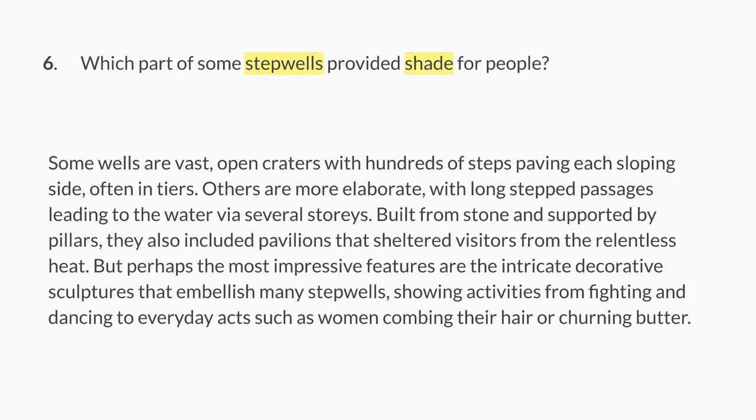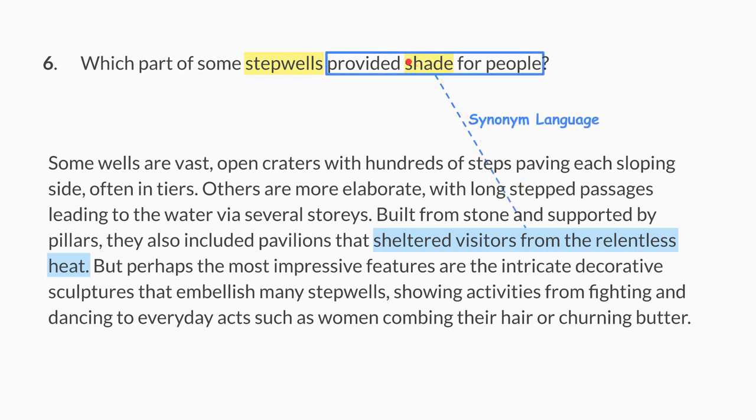You're going to probably find some place where you can shelter yourself from the heat. In other words, you're going to find shade. So it seems that that is our keyword. So right over here, we have synonym language for shade. Shade for people. And here the synonym language says that the pavilions sheltered visitors from the relentless heat.